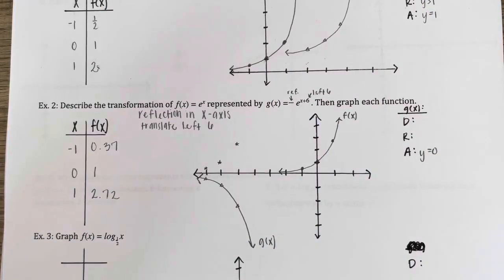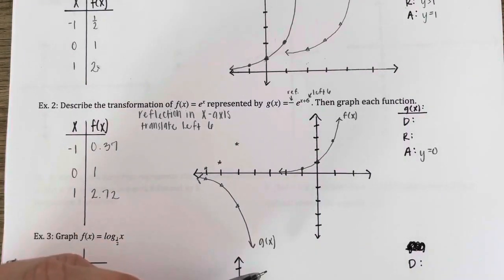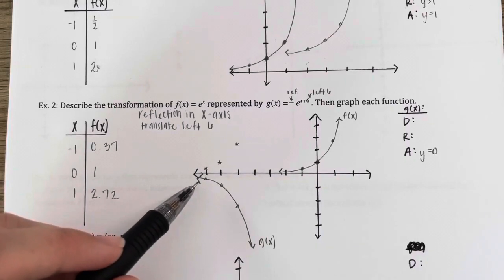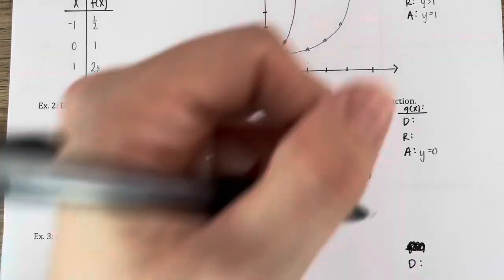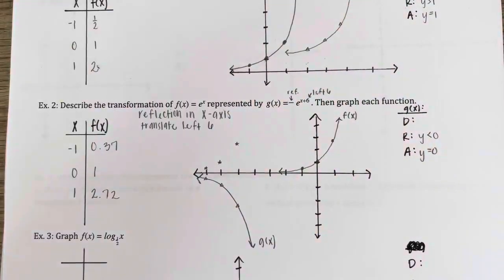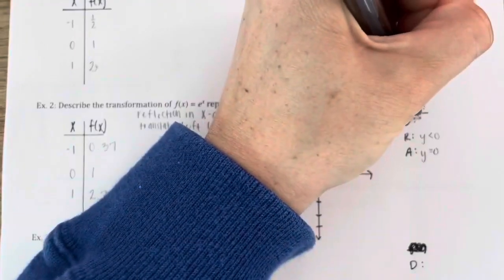And then for my range, since I'm limited with g of x to just going up to y equals 0, I can go down forever, but the highest I'll go up is just getting infinitely close to y equals 0 without actually ever crossing it or touching it. My range is y is less than 0. And then the domain for an exponential is going to be all real numbers. The graph extends in both directions for x.